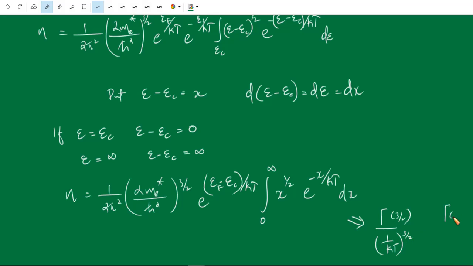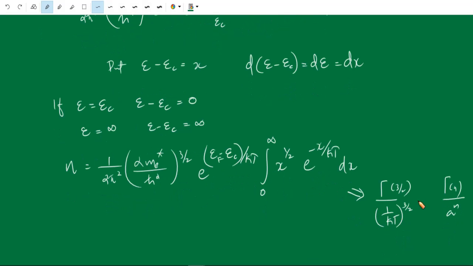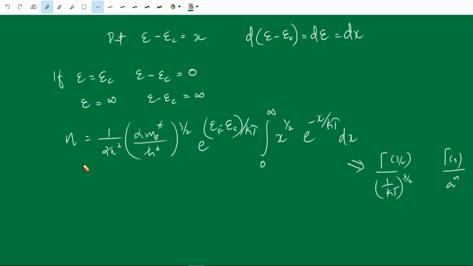Okay, gamma of n divided by a raised to n. Here a is the constant, coefficient a is 1 by kT. Substituting here, you can write 1 by 2 pi square into 2 m_e, the effective mass of electron, by h cross square, whole raised to 3 by 2, into e raised to (EF minus EC) divided by kT.